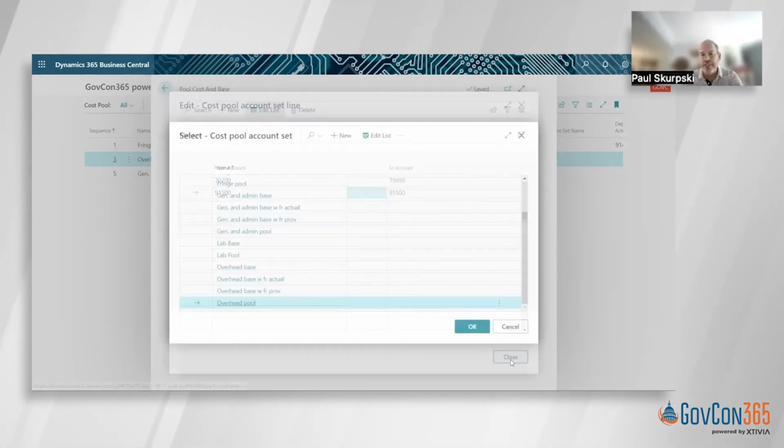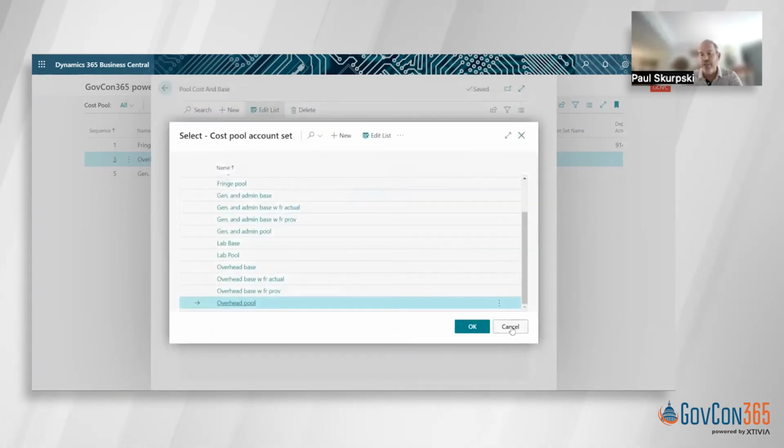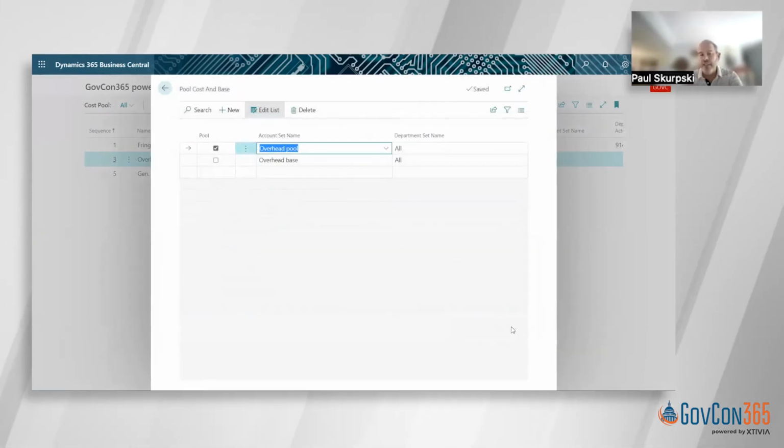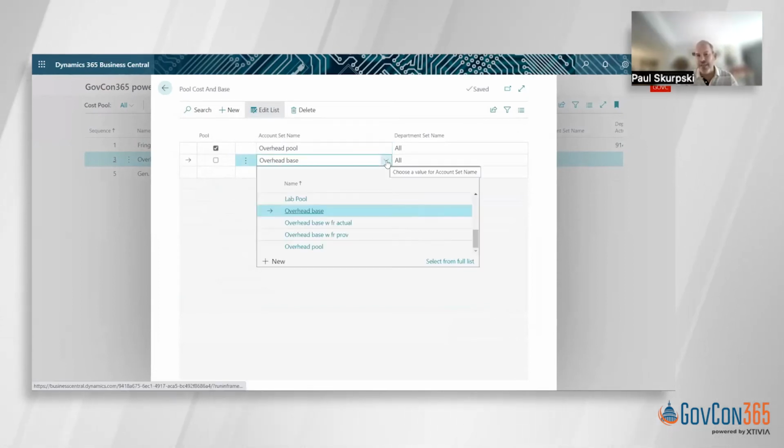So that's where any tiered pool or service center, you'll see that setup where you define what GL account the costs flow into to later be picked up. And then in my example, my overhead base is going to be my direct labor for any project where work is being performed.